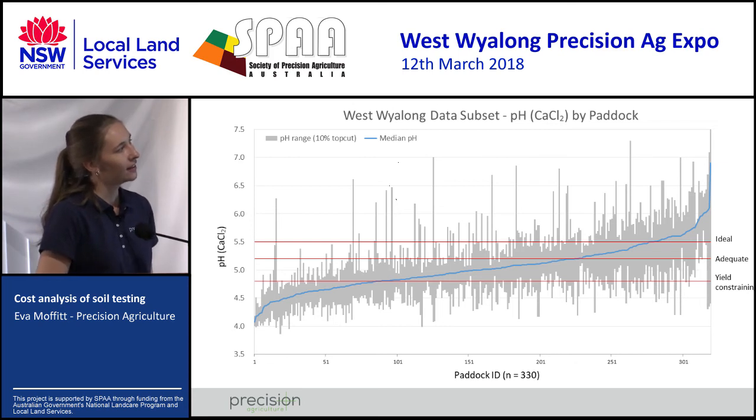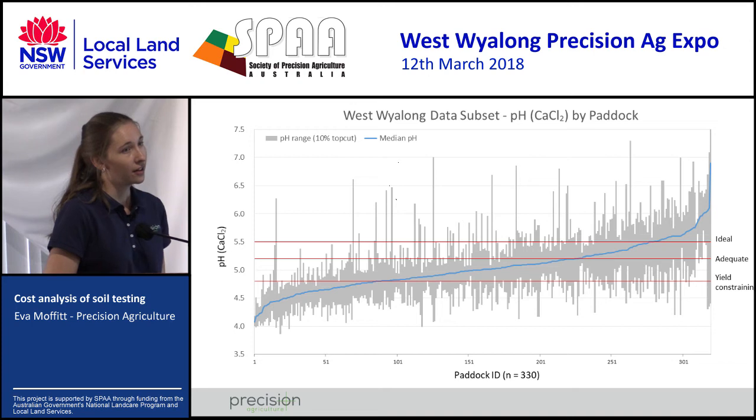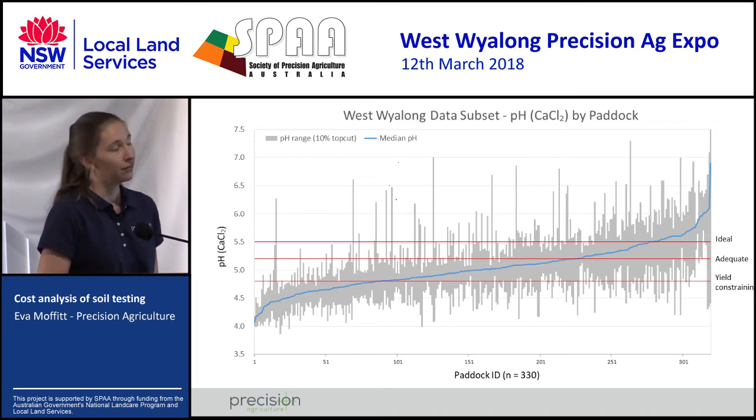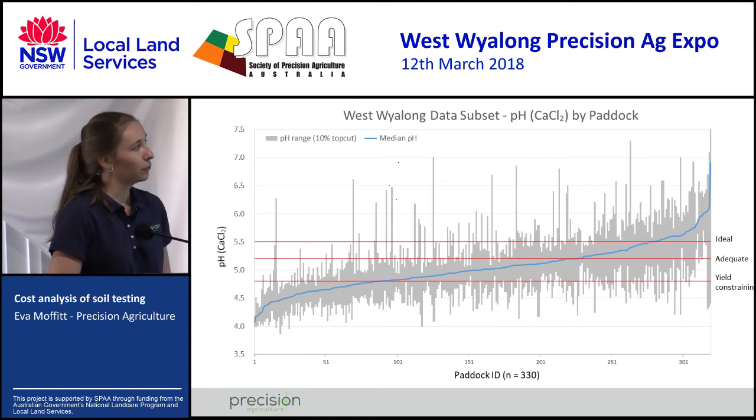Other than that, most of these paddocks in the bulk in this middle area have considerable amount of variation that implementing a VR strategy is going to be an economic win for you.